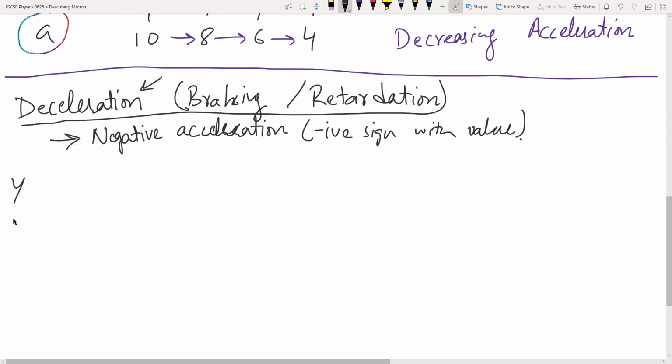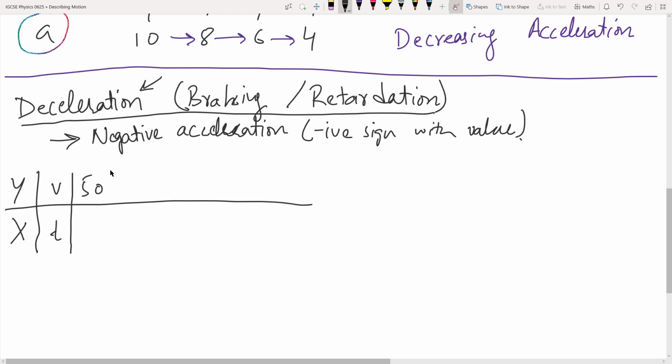So let's go with y and x, right? Over here we have velocity, over here we have time. Let's say our car was going at 50, it came to 40, 30, 20, 10, and 0.